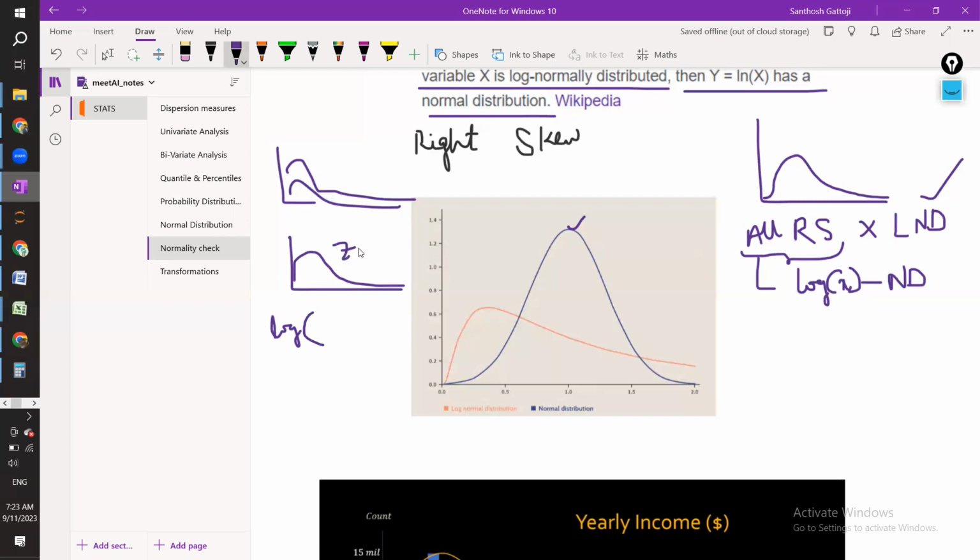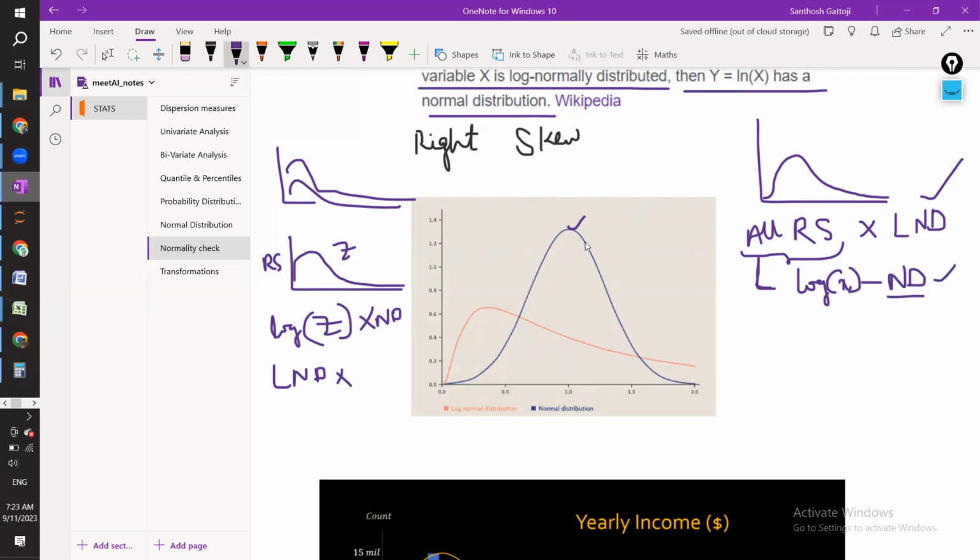It is right skewed, but if you take log of this z, it might not be a normal distribution. So even though this is right skewed, it is not a lognormal distribution, because the log of this distribution is not normal. But if a distribution's log values follow a normal distribution, that is considered a lognormal distribution.